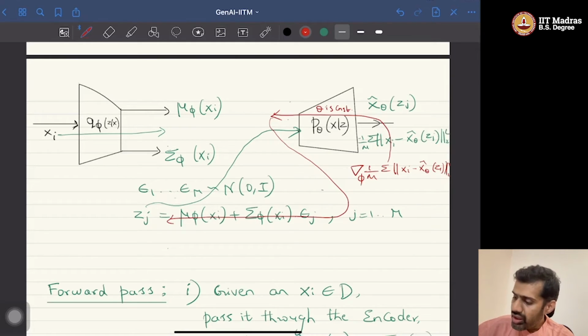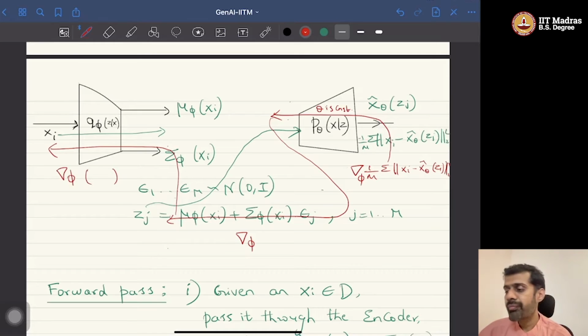So the gradient passes with respect to phi here, and this will pass all the way through the input of the encoder. Here we get the gradient with respect to the encoder parameters. So that's how one backward pass of the encoder parameters happens.